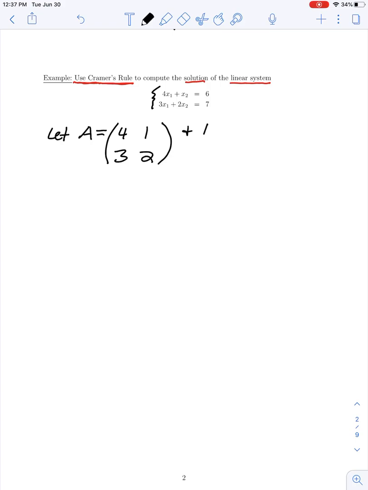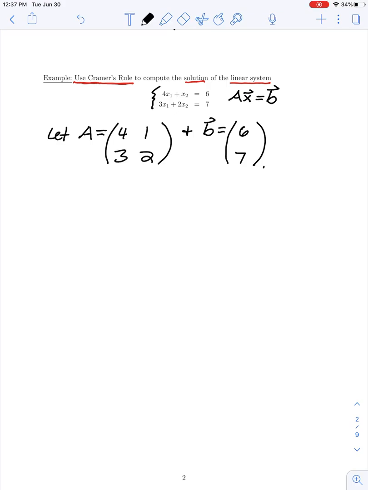And the vector b, which forms the right-hand side of the equation, is the vector 6, 7. So this system of equations can be thought of as a matrix equation, Ax equals b, where x is a 2x1 vector of unknowns x1 and x2.